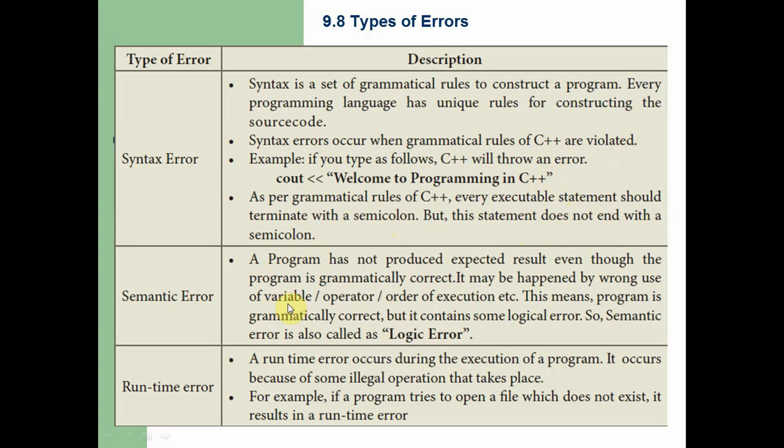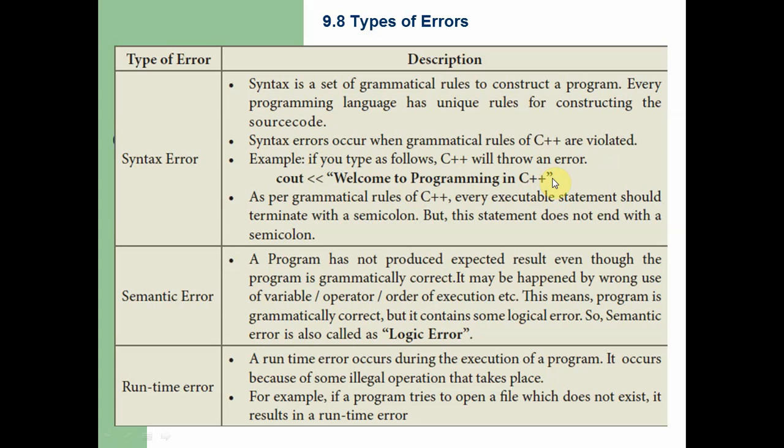So I think you understand what a syntax error is. Syntax means the grammatical rules for a language. If the rules are violated, for example, each statement should terminate with a semicolon, and the semicolon is not given at the end of the statement, then an error will occur.